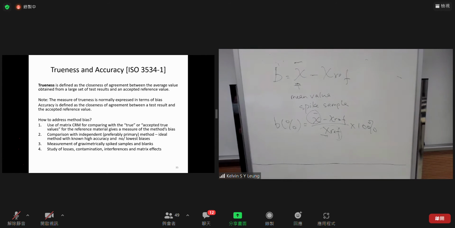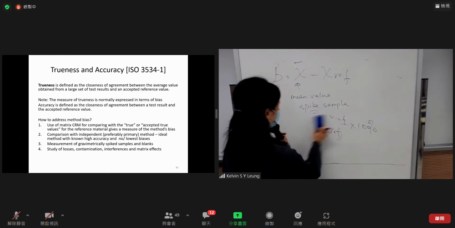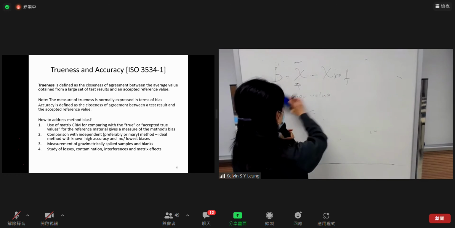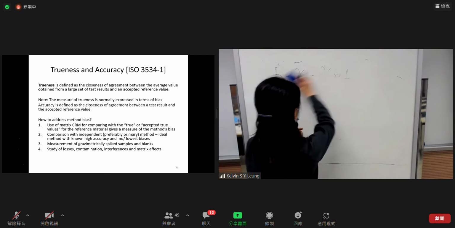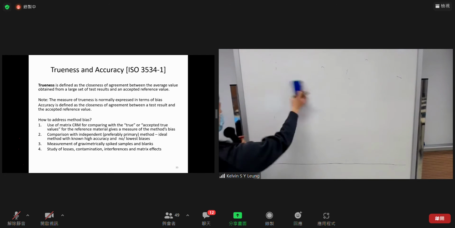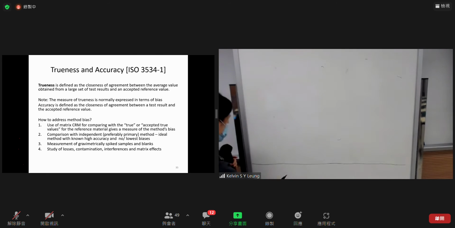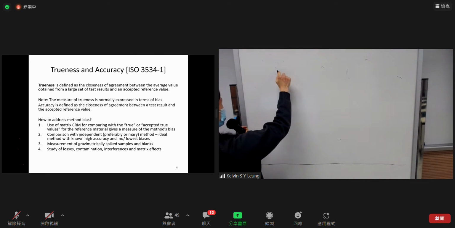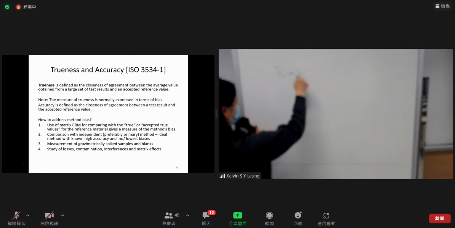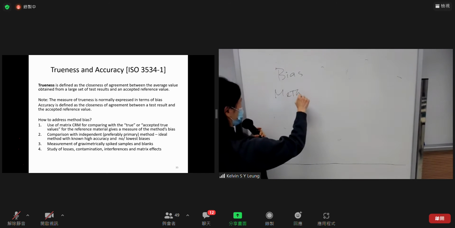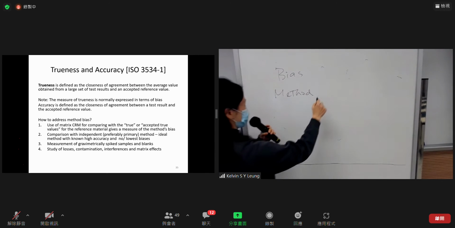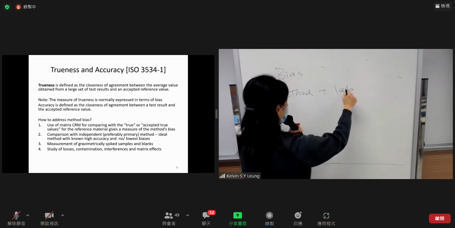So for the bias, you will have method bias and the lab bias, okay?